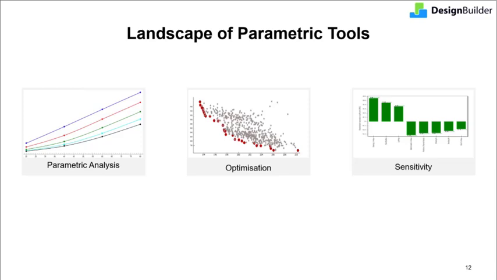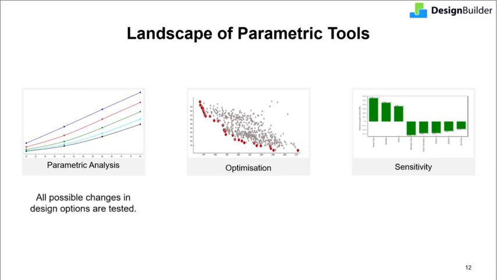Parametric modeling is a process where one or more design variables are changed and their impact on building performance is assessed in order to identify the best design options that will maximize performance. There are various ways to undertake parametric modeling, and different tools can be used depending on the purpose of the modeling.